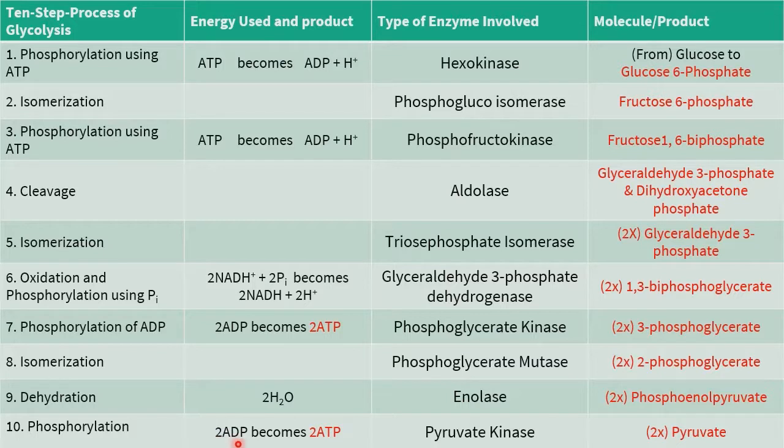Our 2 ADP will now become 2 ATP. Pyruvate kinase is the enzyme utilized here, and we now produce pyruvate, a precursor molecule for a high energy conversion. So we are producing pyruvate, we are also producing ATPs, and at the same time we are also producing water.